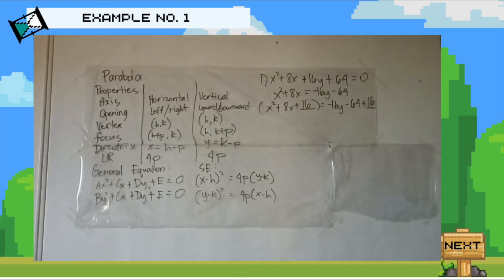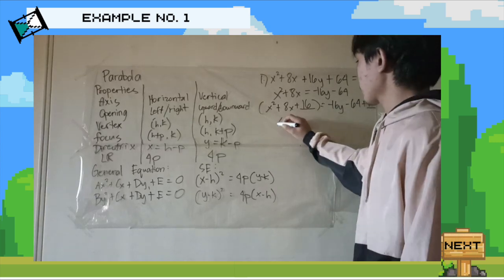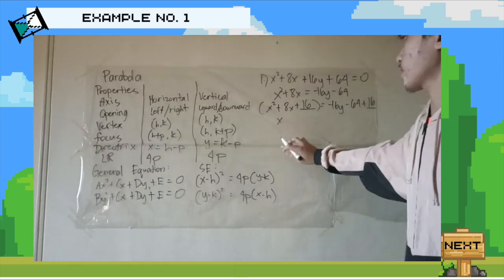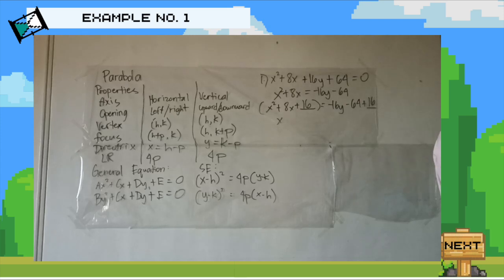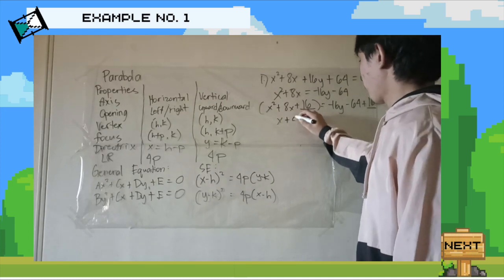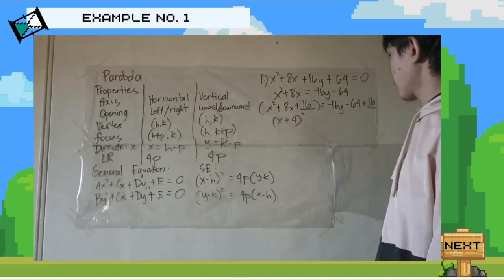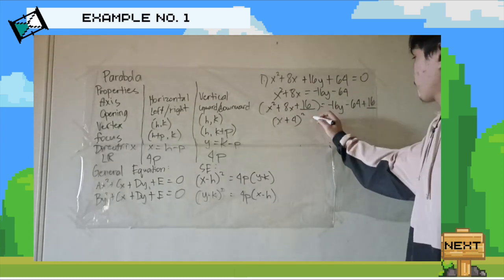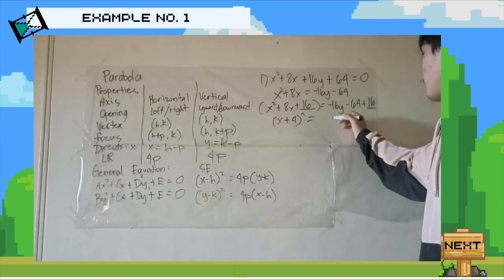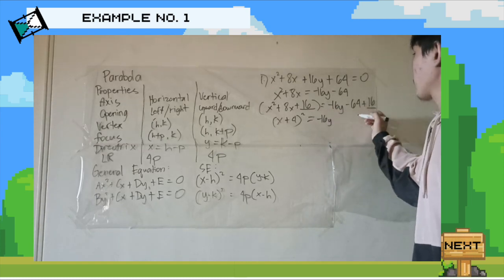So let us factor it out. Since x squared plus 8x plus 16 is a perfect square trinomial, its factor is x plus 4 squared. Now for the right hand side we have negative 16y.